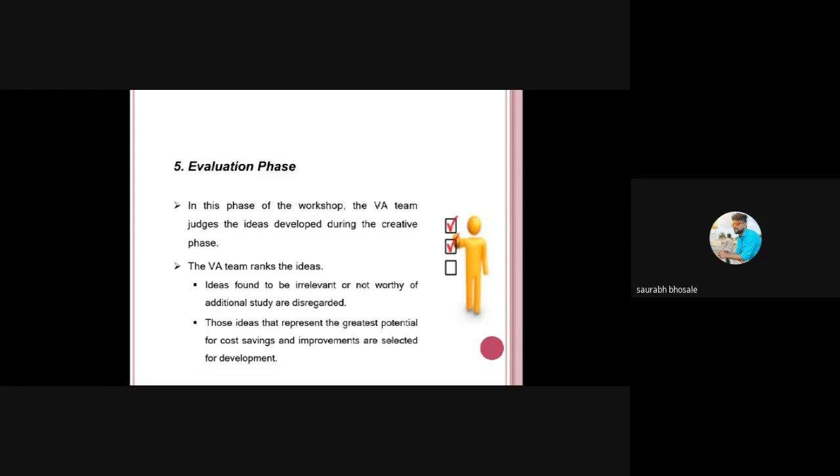So for that purpose we have to list out the ideas, develop some functionality about those ideas, and then evaluate those ideas.